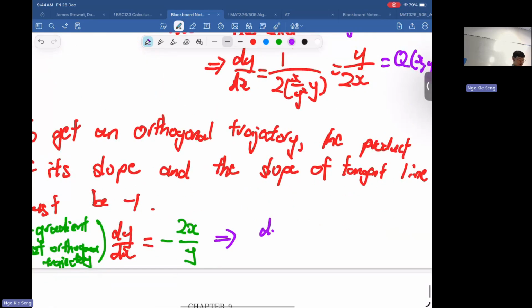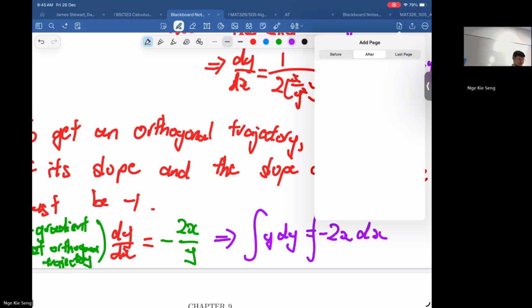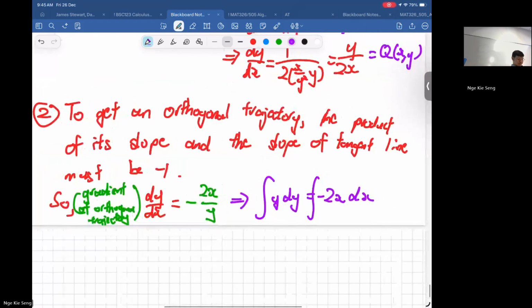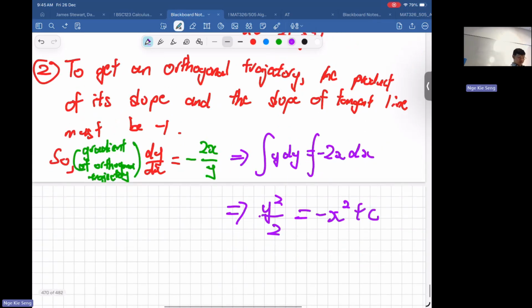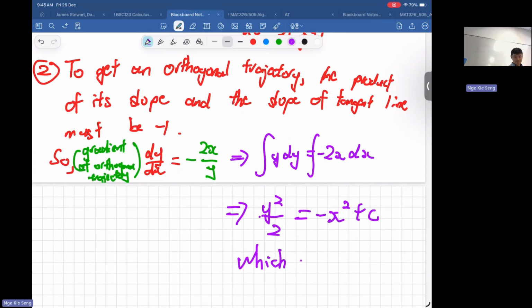Then we'll solve: y dy equals minus 2x dx. And then what we get is y squared over 2 equals minus x squared plus c. So this is a family of ellipses.